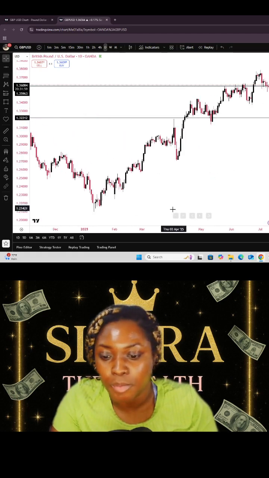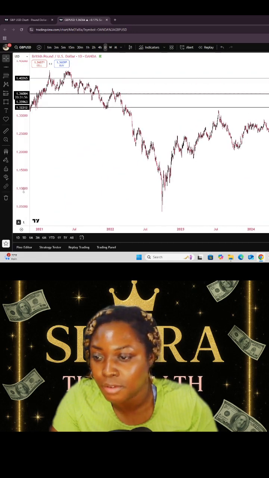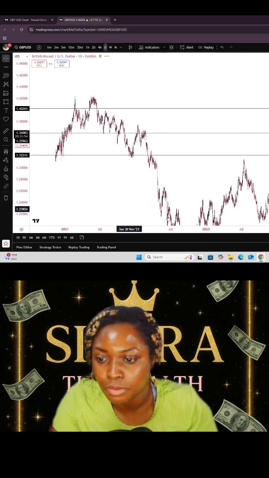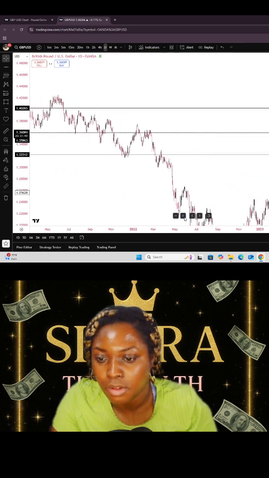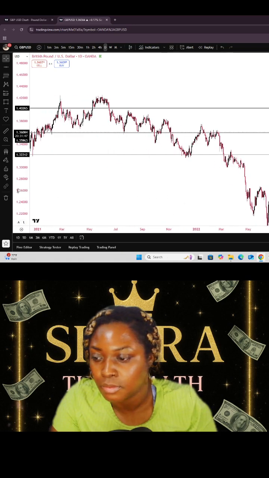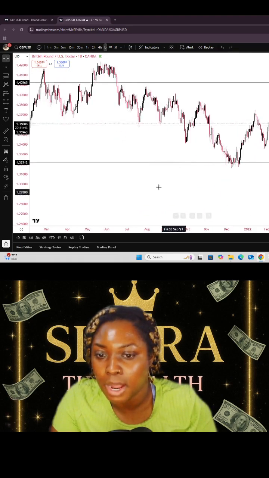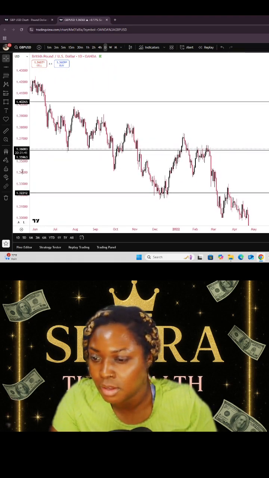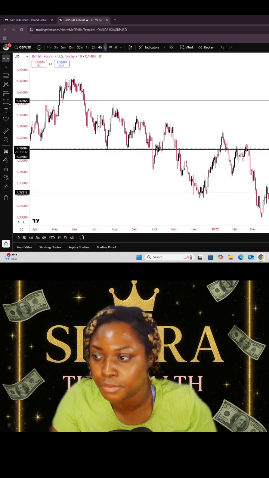So now I'm going to come down to my daily time frame. I'm going to zoom my chart back out, and I'm going to look to my left for another zone. And over here on my left, I can spot a fair value gap right here.